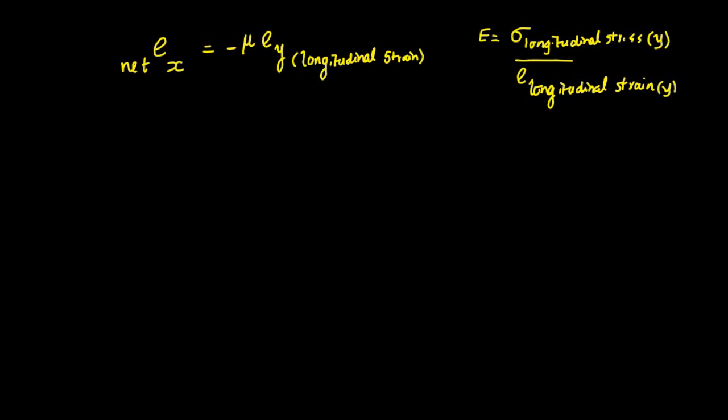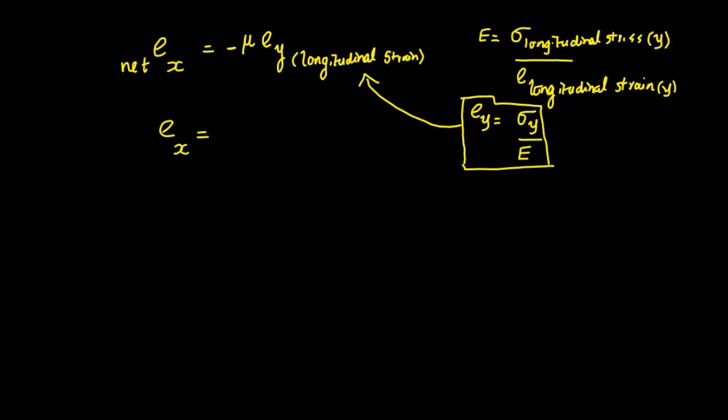So that enables us to write the longitudinal strain along the y direction as longitudinal stress along the y direction divided by Young's modulus. Now I'm going to substitute it here to write the strain along the x direction as minus mu into sigma y divided by E.